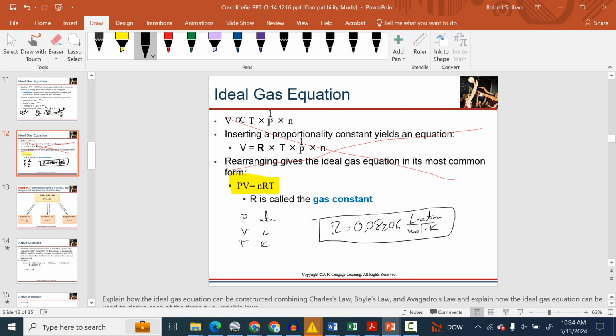But your book uses many different R values depending on which units they use. My recommendation is just to memorize one and then convert everything else. So if we're in bar, we have to convert it to atmospheres. In the homework, they like to use other units, such as 62.4.